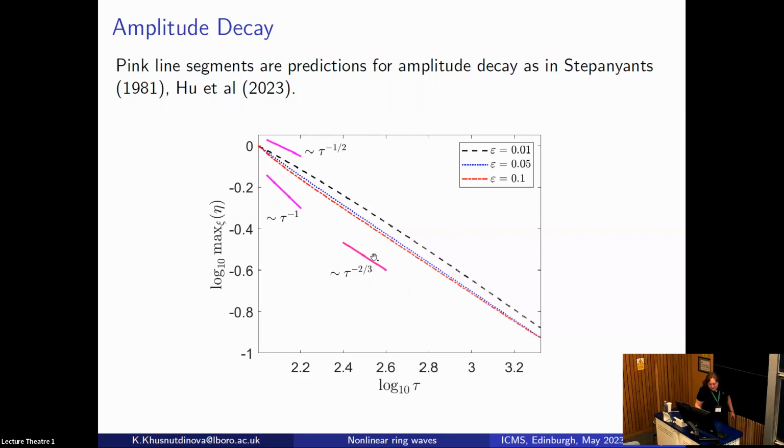So we can see that for all values of epsilon, generated with one and the same values of A and lambda, all of them more or less settle at -2/3 later on. But initially, for smaller values of epsilon, it's probably closer to this. And for greater values of epsilon, it is initially closer to this decay rate.